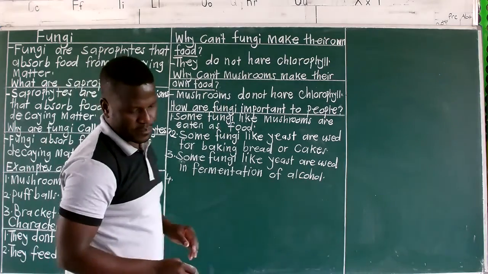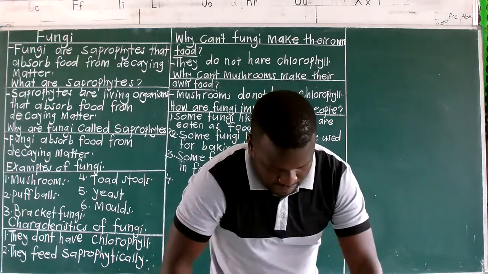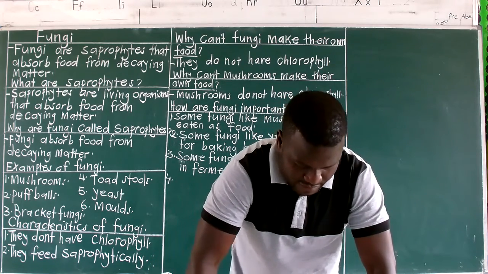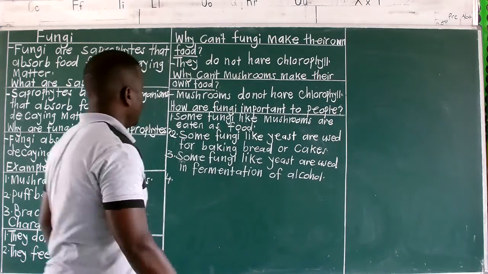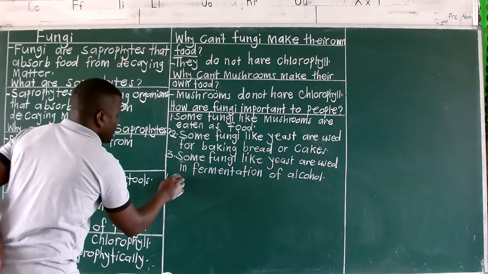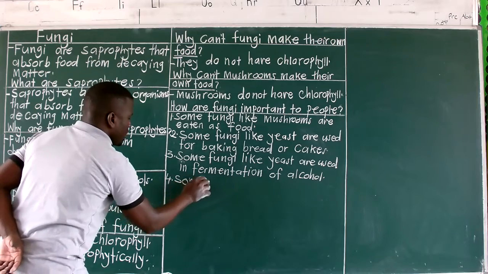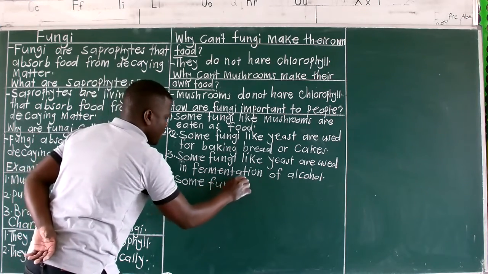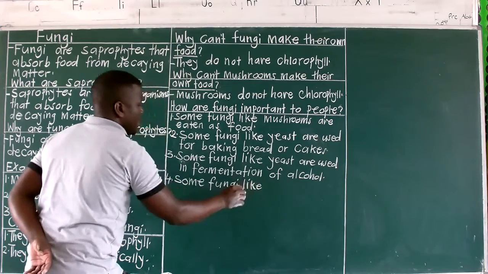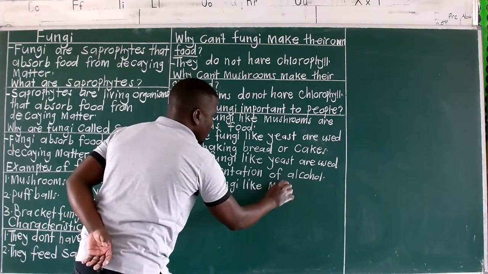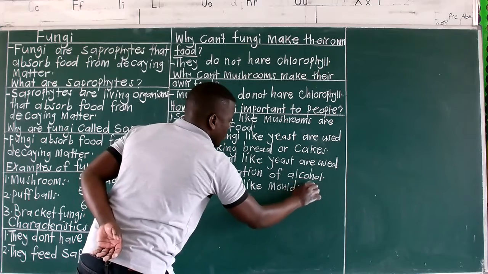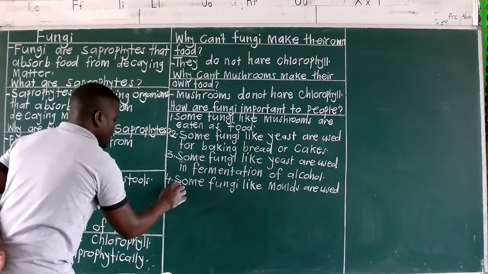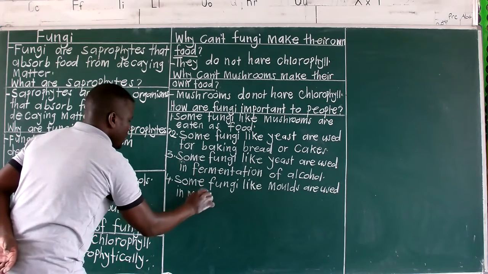Number four, some fungi like molds are used to make medicine called penicillin. Some fungi like molds are used in making penicillin.